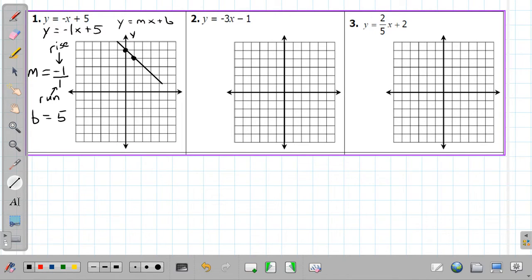It's kind of hard to get this right with this software. It keeps wanting to go sideways, but there we go. It's a little bit easier if you have a ruler and a piece of paper. This isn't going quite like I'd like it to.